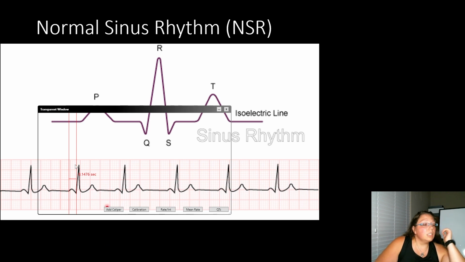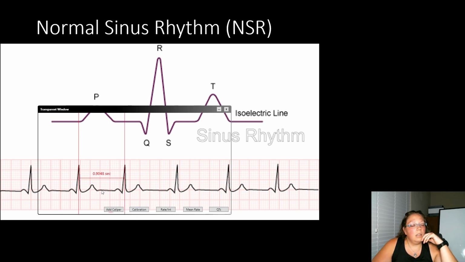Now, if we wanted to march these out, to see if they're regular or not, you take your electronic calipers, and you spread them out from one QRS to another QRS. And on this program, I can do marching caliper.